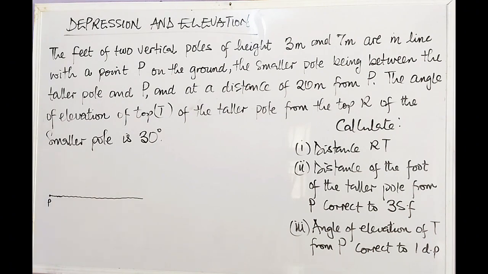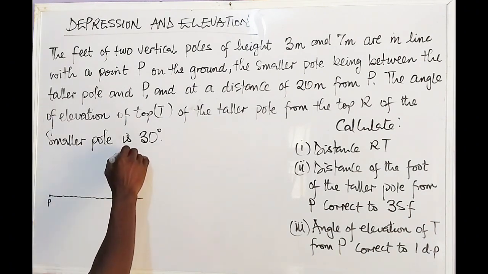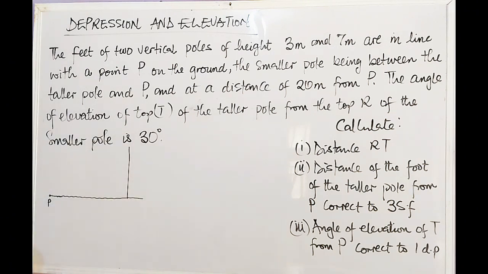This is the taller pole, which is 7 meters. Let's assume this is our smaller pole, which is our 3 meters, and ground, P.